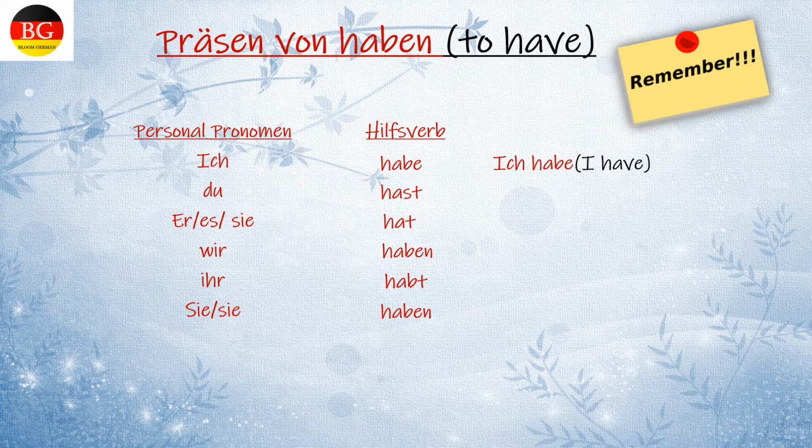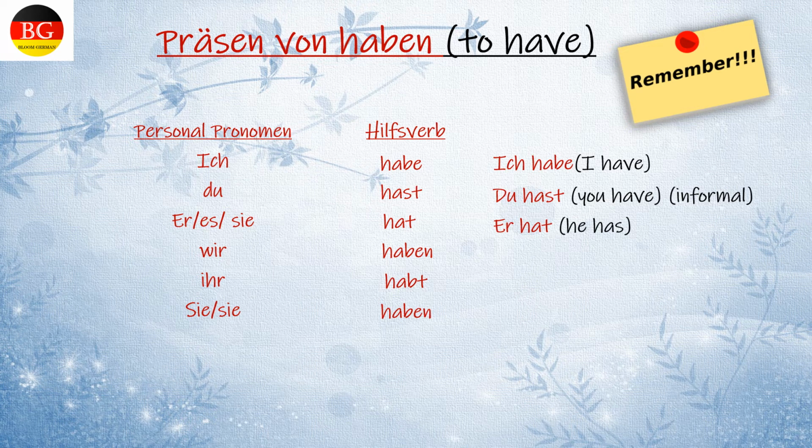Ich habe, I have. Du hast, you have for informal situations. Er hat, he has. Es hat, it has. Sie hat, she has. Wir haben, we have. Ihr habt, you have.